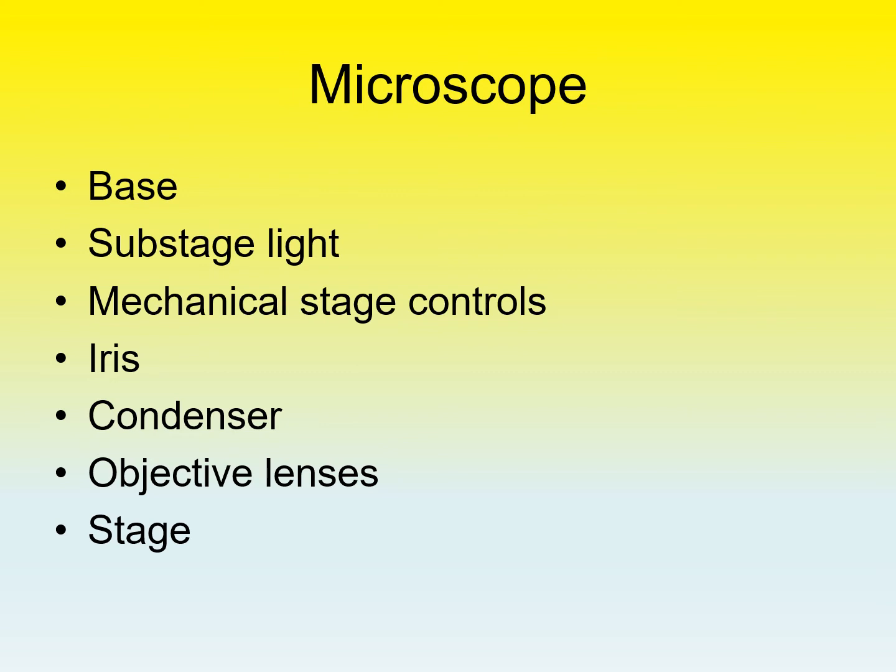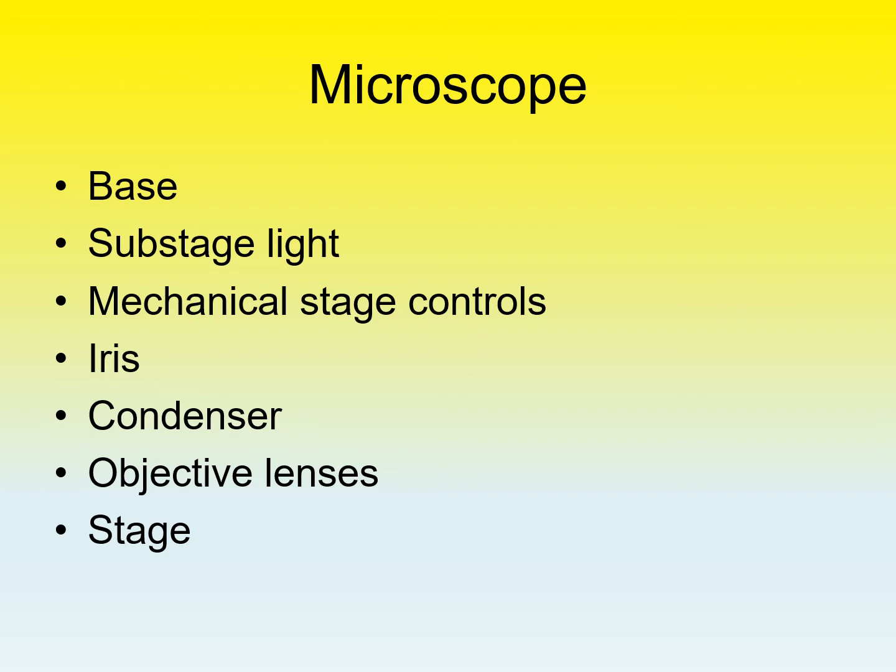In terms of the parts in the microscope, you have several different components you need to be familiar with. The base, you have the substage light in the compound scope, or light microscope, that we typically will use in our teaching labs and in clinical labs. The light is underneath the stage, so we refer to it as substage, and it shines up through the specimen.